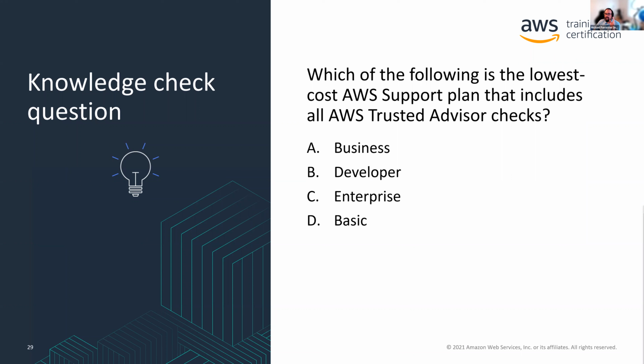So out of basic, developer, business, and enterprise, business is the one that will give you all of the trusted advisor checks. So business or enterprise. So that plan or above will actually get you all the trusted advisor checks. It lets you know whether you're following best practices for your account.